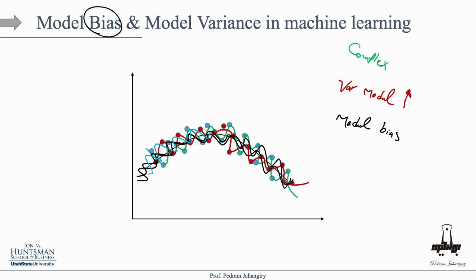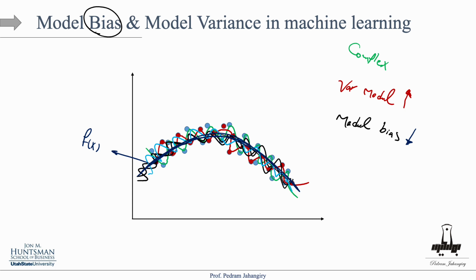Maybe this blue one is another one. But as you can see, on average, it is capturing the true relationship in the data, which was that black f of x. So the model bias is going to be small because on average, it's capturing the true relationship, that nonlinear curve in the data.